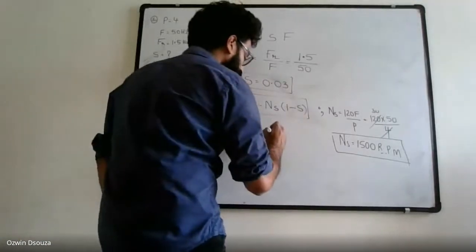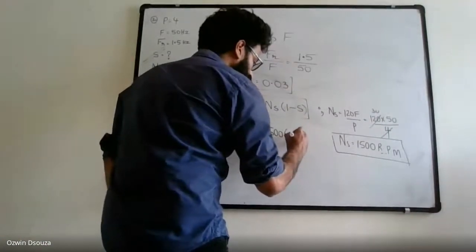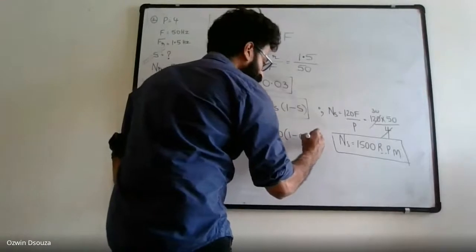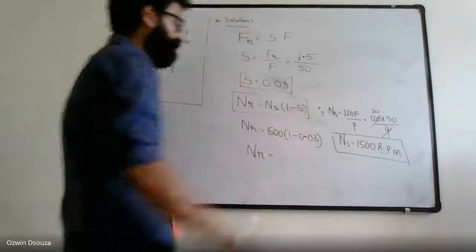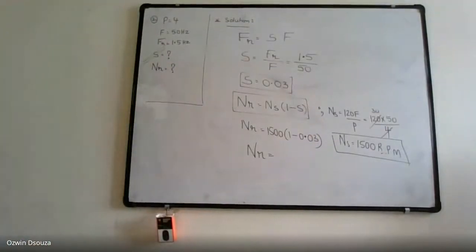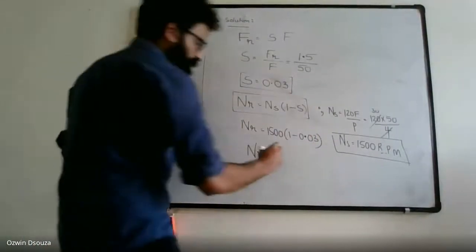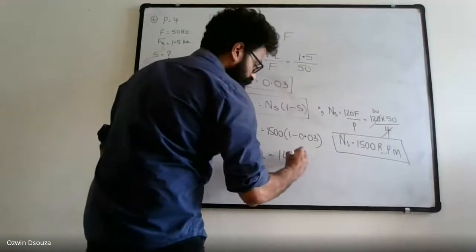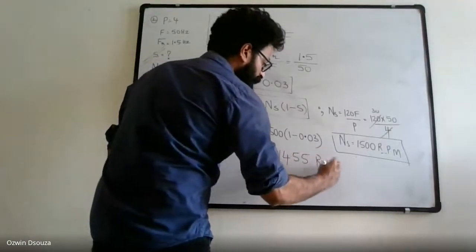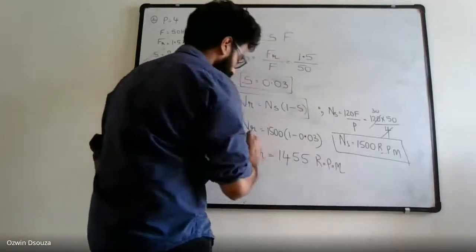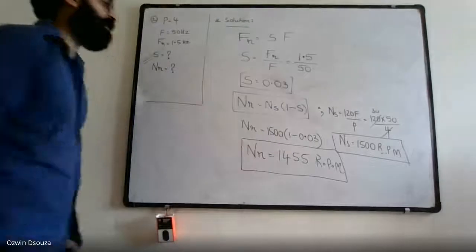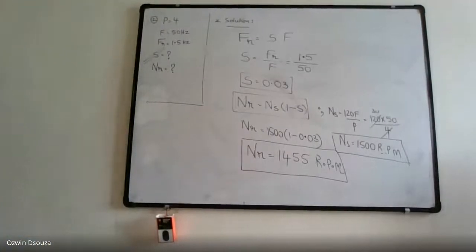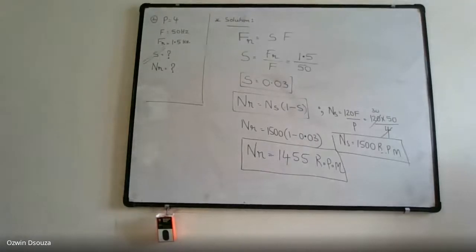Substitute that here. So 1500 into 1 minus 0.03. Multiply and get the value of NR. How much will you get? 1455 RPM. So that's your second problem.